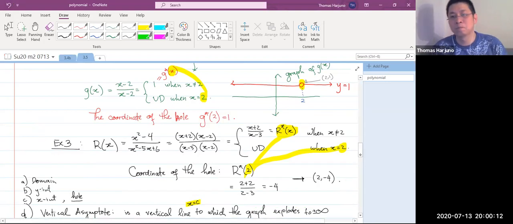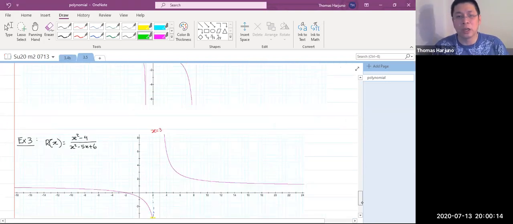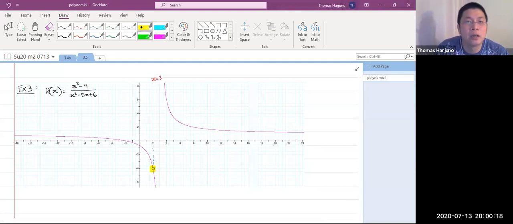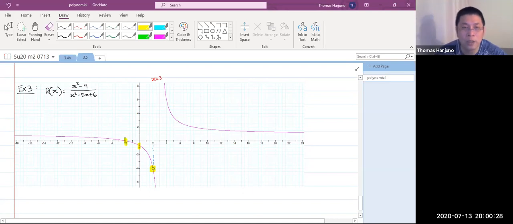And yes, we also found that the y-intercept is (0, -2/3). The x-intercept is (-2, 0). That's confirmed, right? So we have the domain, y-intercept, x-intercept, a hole, and a vertical asymptote.